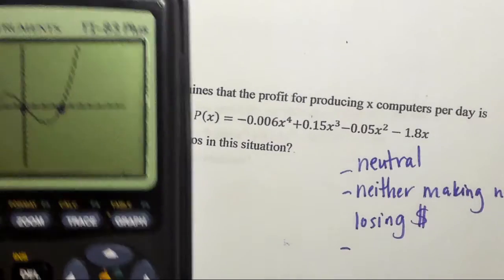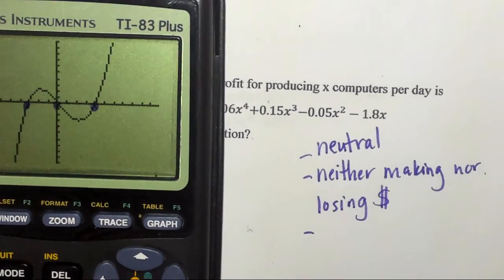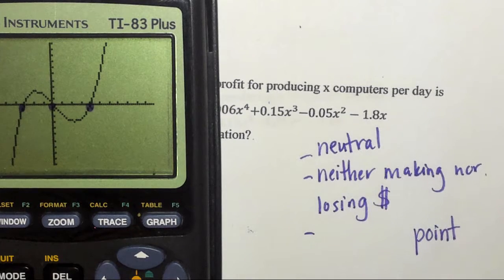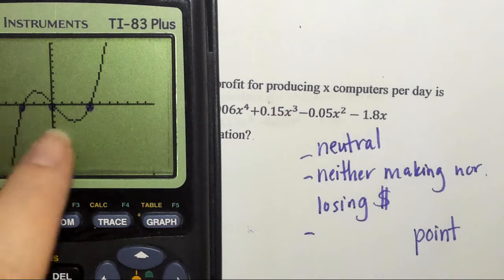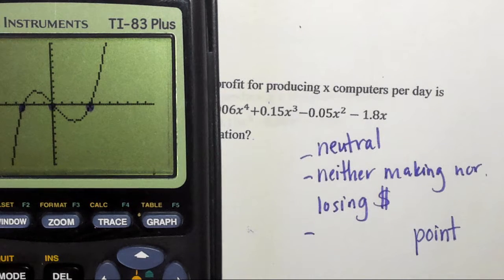It's called the blank point. Like a business term that implies what's happening there when I'm neither making nor losing money. Because again, a new business expects to lose money for a while until they hit that point, and then after that they expect to make money. They call it the break-even point.